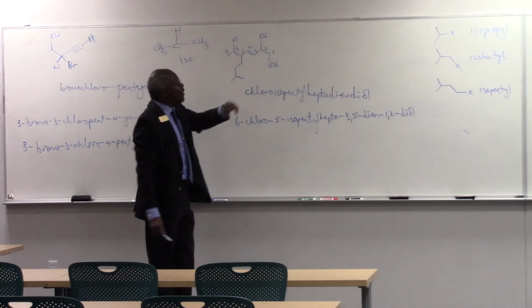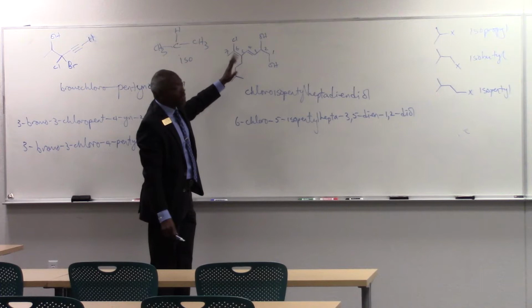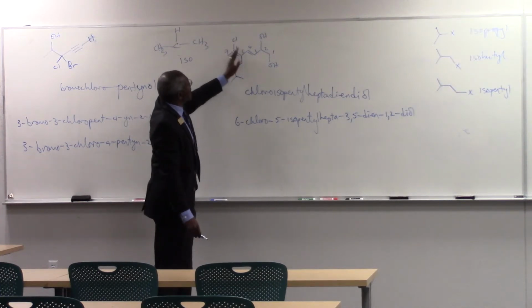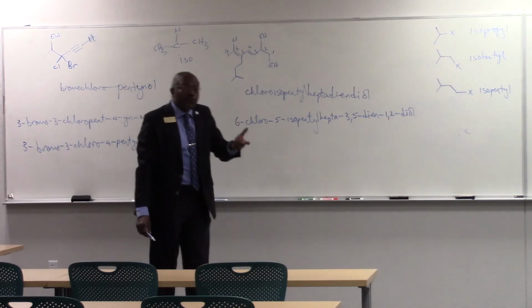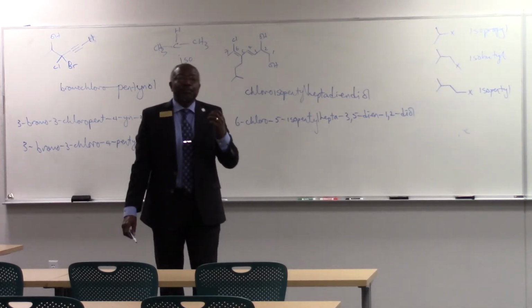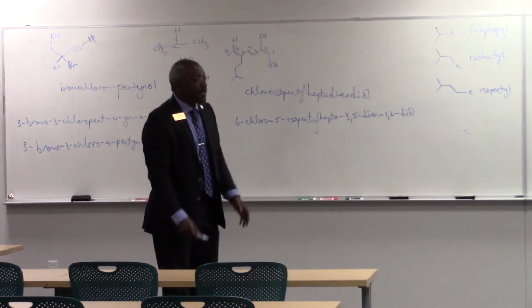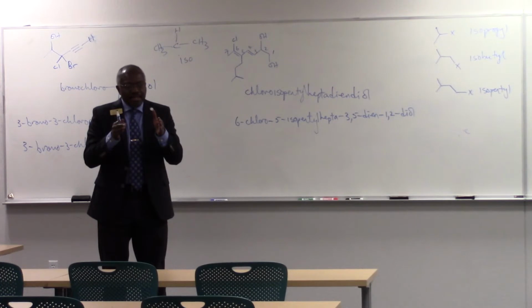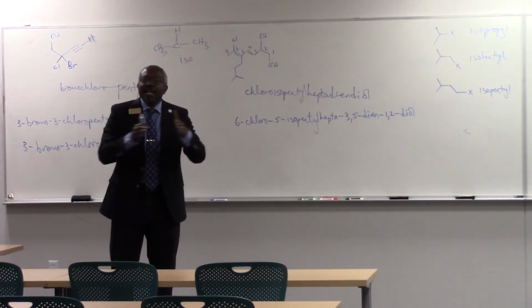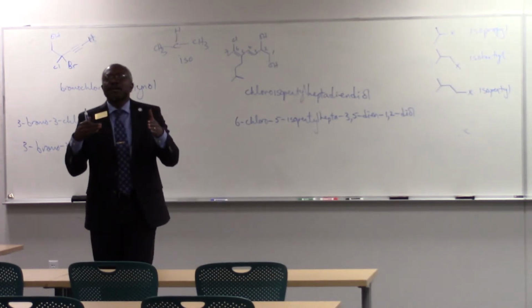If I look at the other one, this carbon has chlorine and methyl, well they're different. And this carbon has this group and isopentyl, so they're different. So both carbon-carbon double bonds have the potential for geometric isomerism. Okay, good. So I have to now decide which naming scheme for the geometric isomers I use.